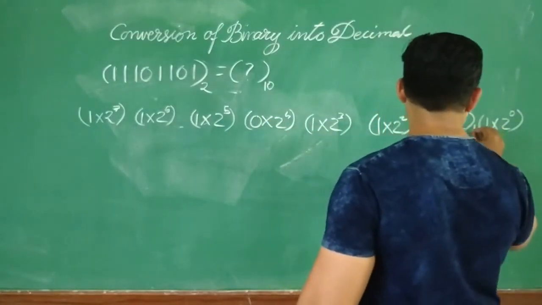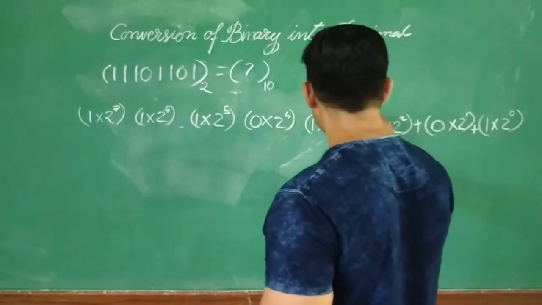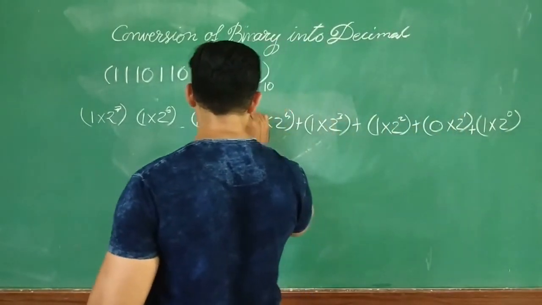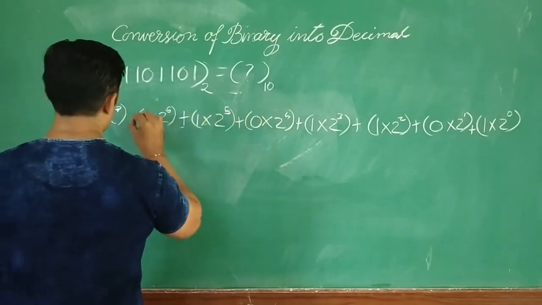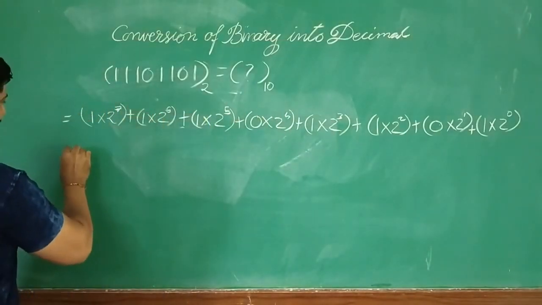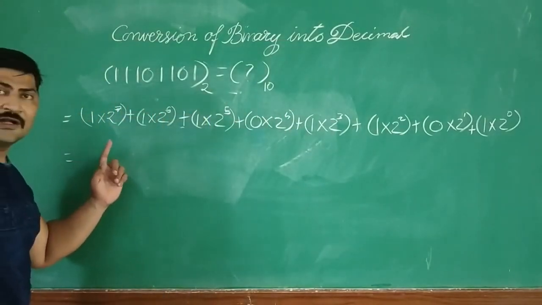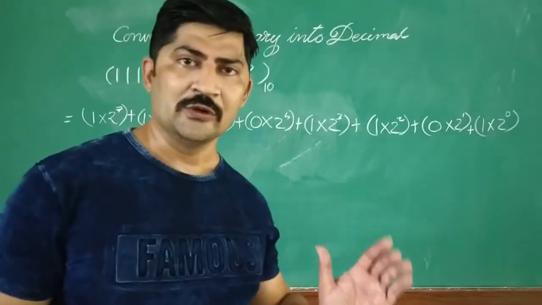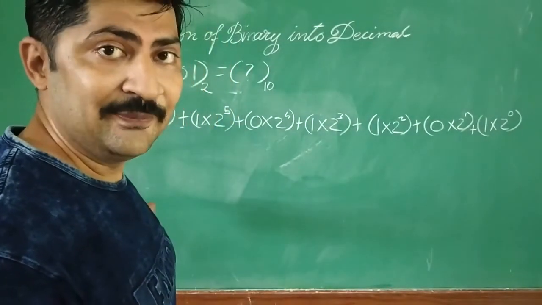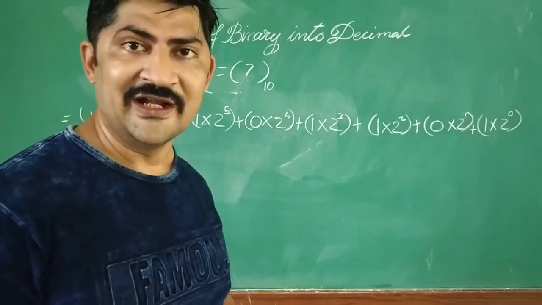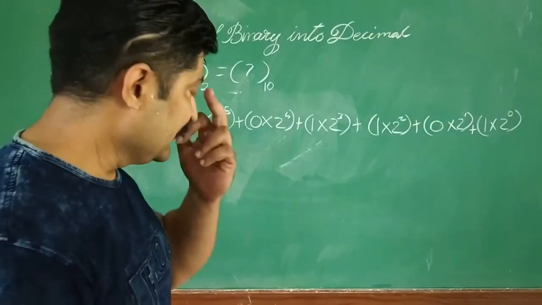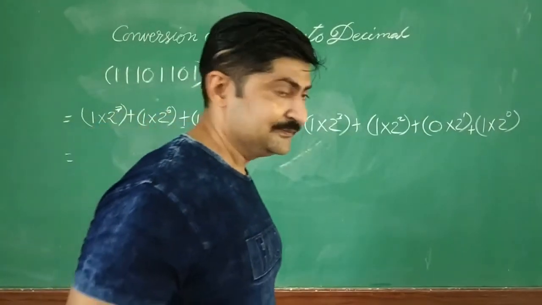Then add a plus sign between. Now, never start solving from the left hand side, always start from the right hand side. That will be easy for you. So I start from the right hand side.